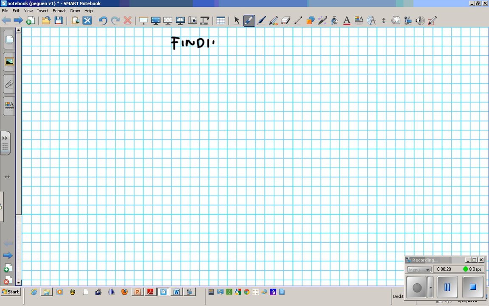Finding the product and quotient. Quotient means divide of complex numbers.